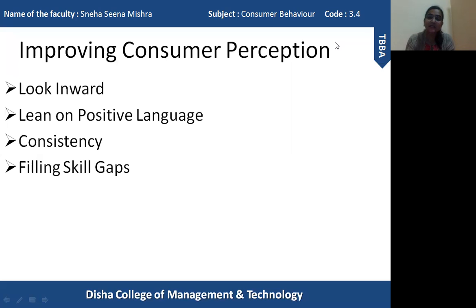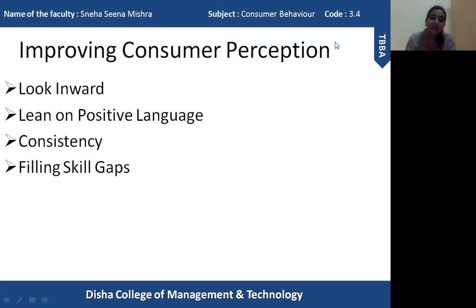That consistency must be maintained in the quality of the product, in the execution and operation of the entire company, the way they show the company to the consumers. That consistency must exist so that the consumers can actually trust a company. If there is no consistency, consumers will not trust the company, and definitely their perception will be very negative towards such companies.